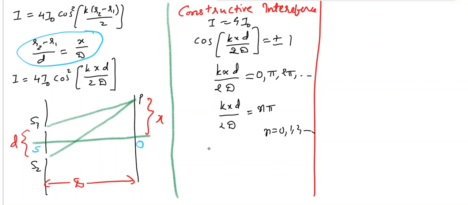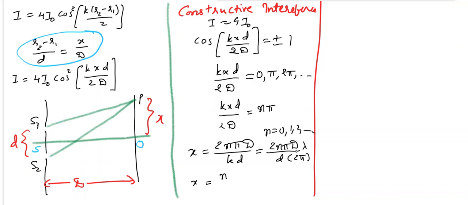So here if I make x the subject of the formula, x is equal to 2n pi D by k d, and k is 2 pi by lambda. Substituting that, x is 2n pi D by d times 2 pi by lambda.